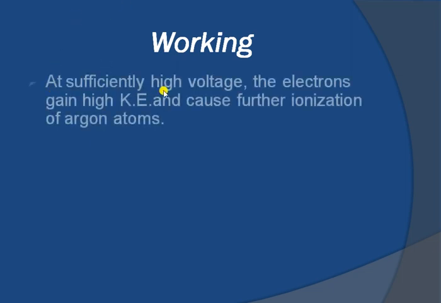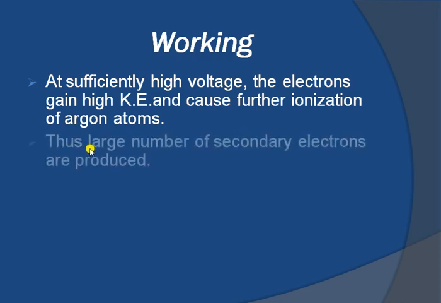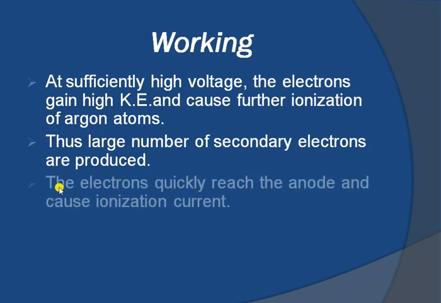At sufficiently high voltage, the electrons gain high kinetic energy and cause further ionization of argon atoms. Thus, a large number of secondary electrons are produced. The electrons quickly reach the anode and cause an ionization current.